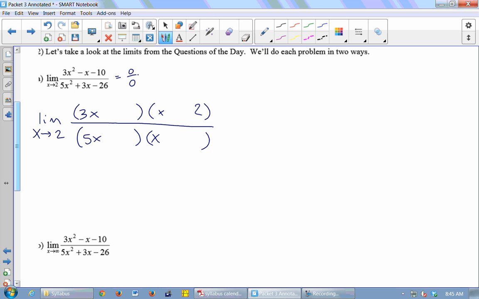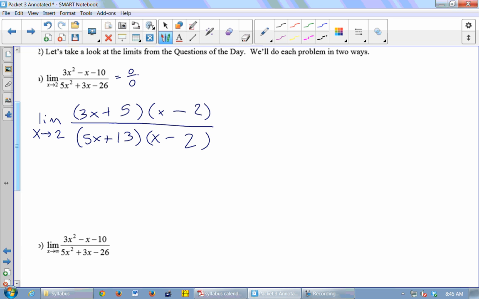If I put a 2 here and a 5 here, I think that works. 3x squared, 6x, and 5x. So I want minus 6x plus 5x to get the minus x. All right, and then I'm hoping there's going to be a minus 2 down here. So that helps me work through my factoring. So this would have to be a 13, and it would have to be a plus. Yep, that works.